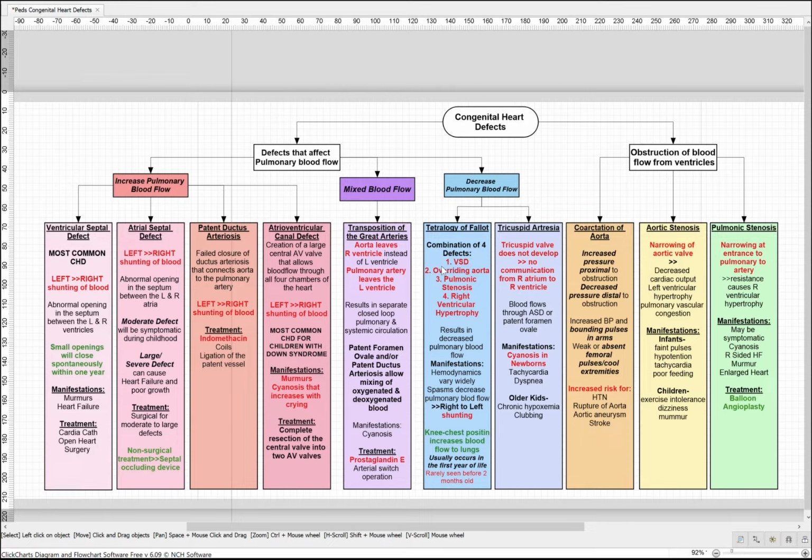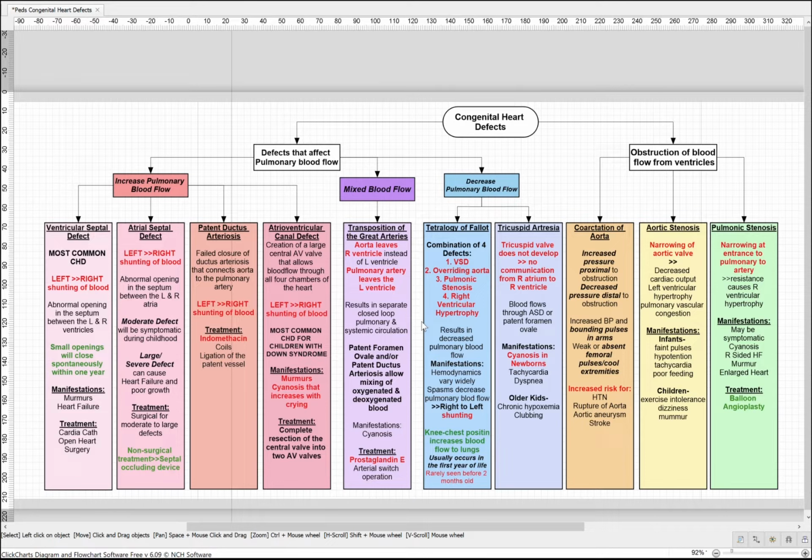So as we have this flow, we also have the overriding aorta, which is going to catch some of that oxygenated blood, but once again, it's going to have access to that deoxygenated blood from the right side of the heart. And then also the thing to keep in mind with right ventricular hypertrophy is that as the muscle hypertrophies, the actual room that's left in that ventricle for filling with blood is going to be smaller.